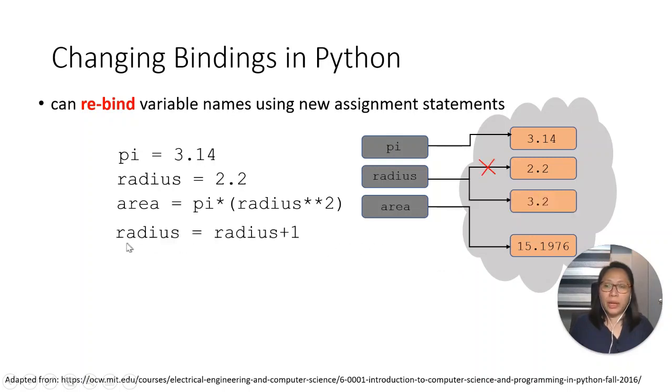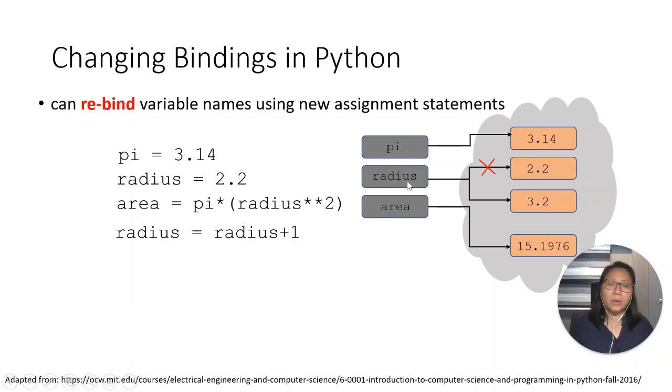And then the fourth line is radius equals radius plus 1. This means we increment radius by 1. And in the computer memory, this creates another object, also of type float, and the value is 3.2. Radius now binds to 3.2 instead of 2.2.